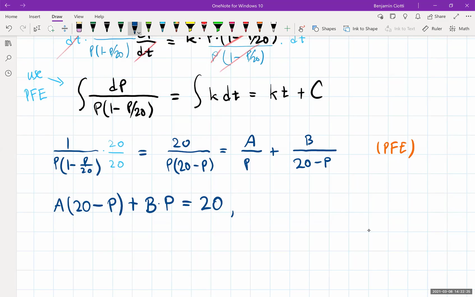And actually, in the interest of time, I'm just going to skip to the answer here. So you can check some of the details here. I'll just tell you what a and b end up being. A ends up being 1 and b ends up being 1. Okay, so that's via the method of partial fractions. Again, you can go and check that yourself, but I'm going to skip those details. They're not that hard anyway.